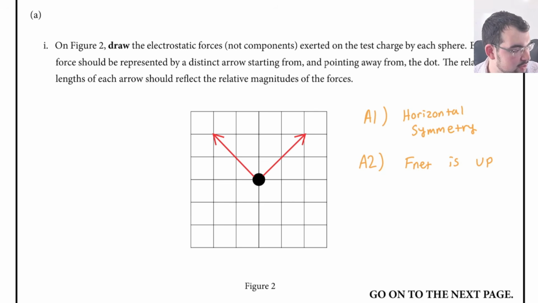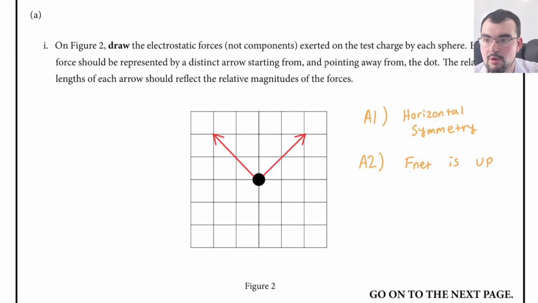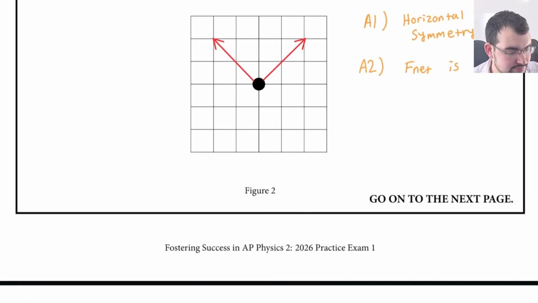So that's how you got both of your points there. So by horizontal symmetry, you actually had to draw something with non-zero horizontal component on each one. So you couldn't draw two up arrows to get point A1. I believe I specifically said you have to draw two diagonal forces whose horizontal components cancel. So if you just drew a direct arrow up, you would get A2, but not A1.